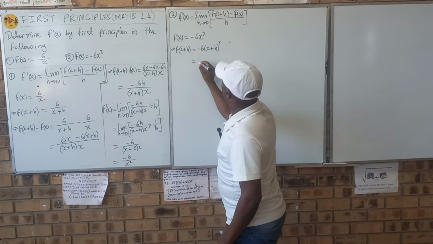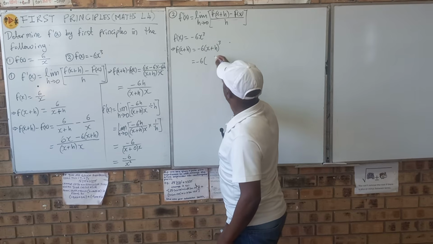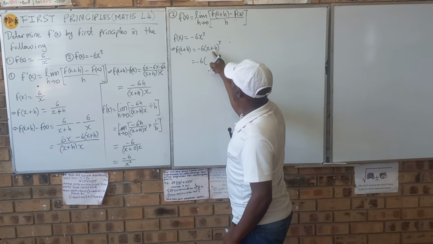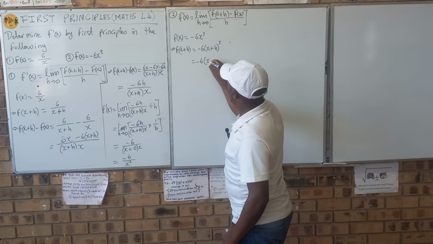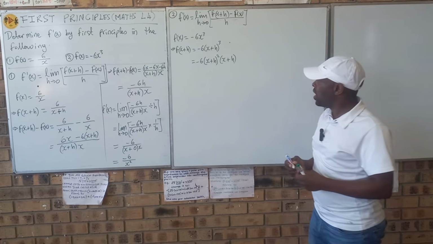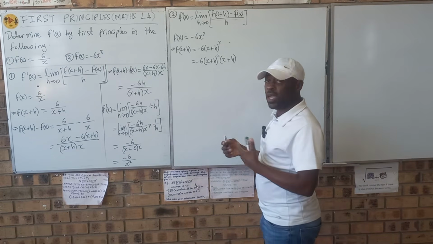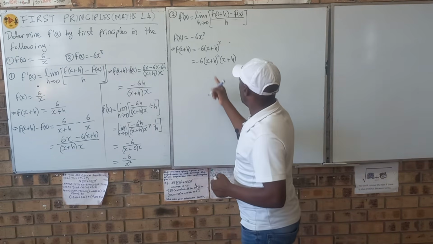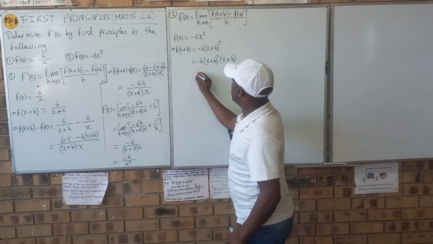The way I always expand this is by taking it step by step. I'll write x plus h to the power 3 as x plus h to the power 2 first. When I get that answer, then I multiply by that. It's just like saying a cube is equal to a squared times a. Then I will take my time and expand this.